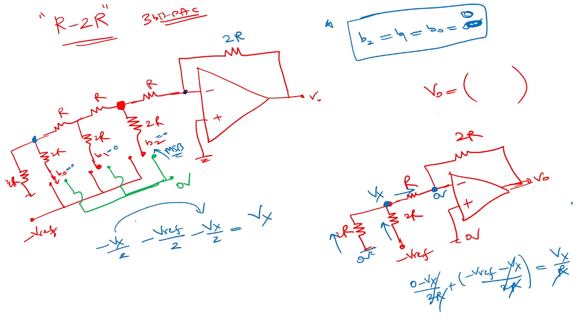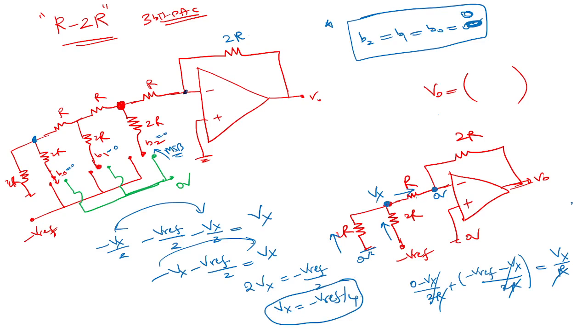So minus Vx minus V reference by 2 is equal to Vx. If it goes this side, 2 times Vx is equal to minus V reference by 2. So Vx is minus V reference by 4.